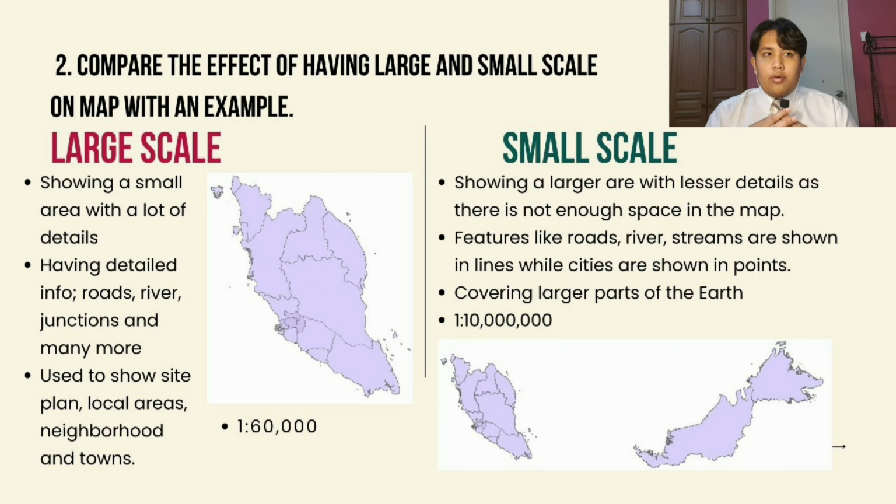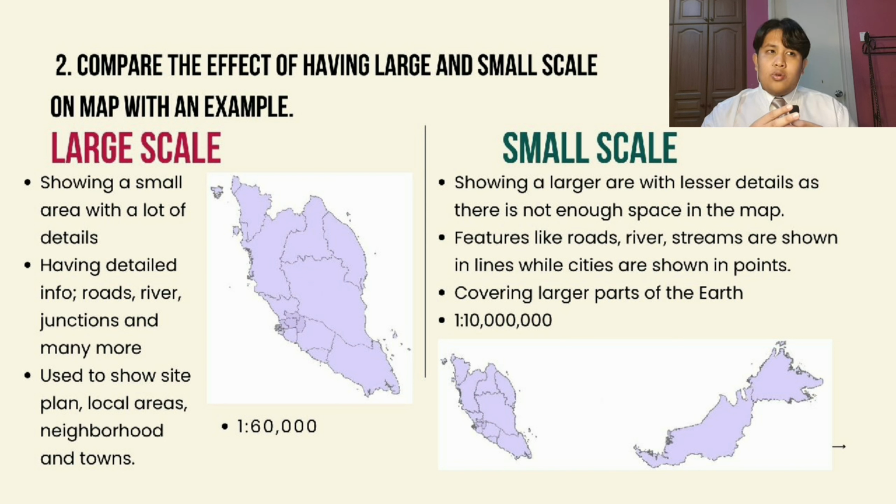Compare the effect of having a large and small scale on a map with an example. So, large versus small scale. The example that we are using is the Malaysian map. On the large scale, it shows a small area with a lot of details, like roads, rivers, junctions, places, site areas, local areas, neighborhoods, and towns.